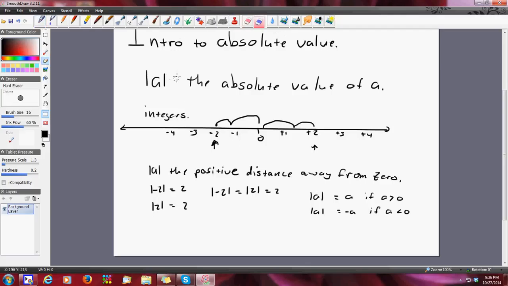There is one last thing I want to point out, and this is actually a pretty important concept. You can never say the absolute value of A equals -1, or any number that's negative, because this is always a positive distance. So the absolute value of A equals -1 does not exist.